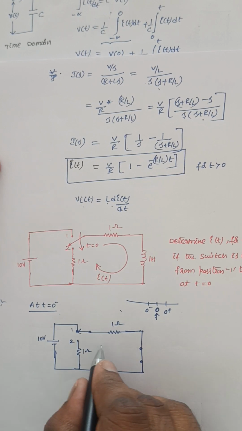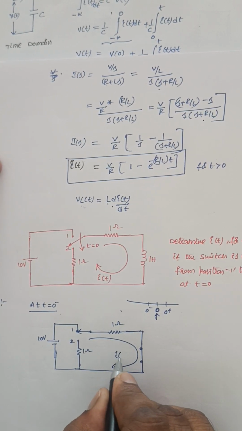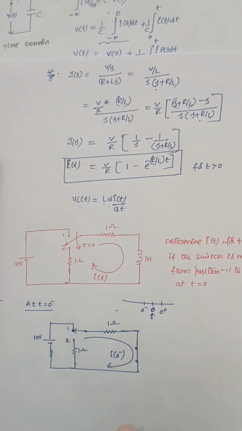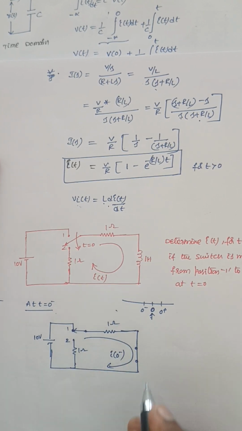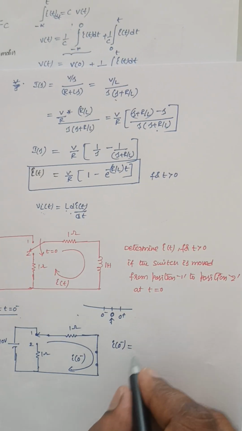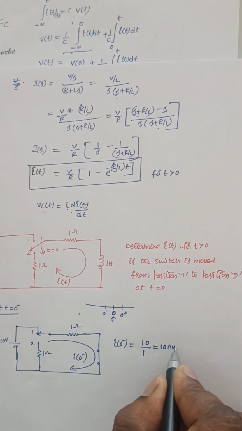Now I need to find the current flowing through this inductor, that is I of 0 minus. So it is 10 volts, it is 1 ohm. So I of 0 minus is equal to 10 divided by 1 ohm, that is equal to 10 amperes.